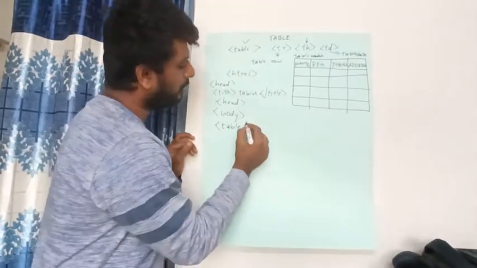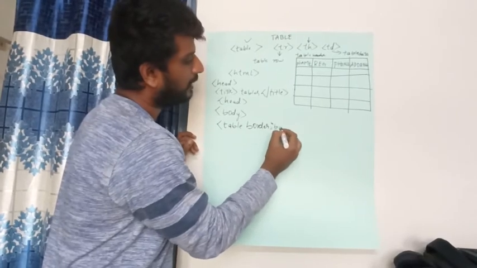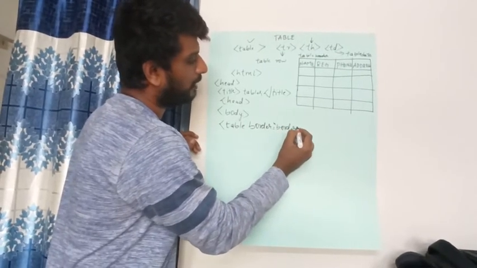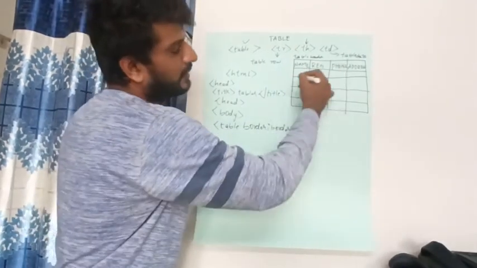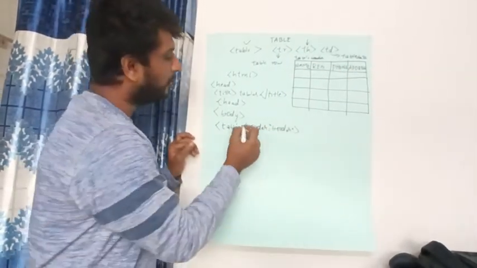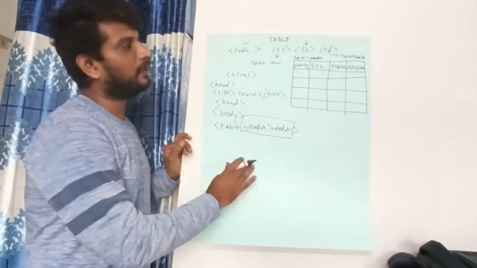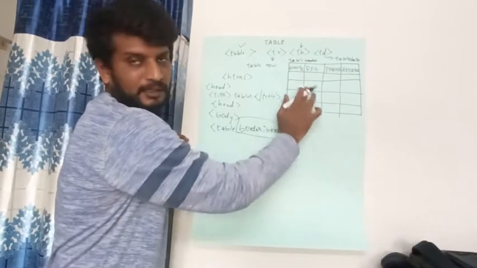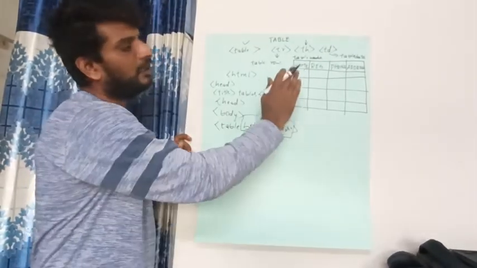For that you need to make use of one attribute, border equal to border. If you write like this, these rows and columns will appear. If you are not specifying this attribute, then the lines, that is the rows as well as the columns, will not appear in the table.